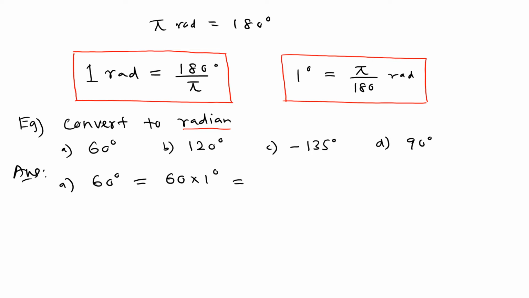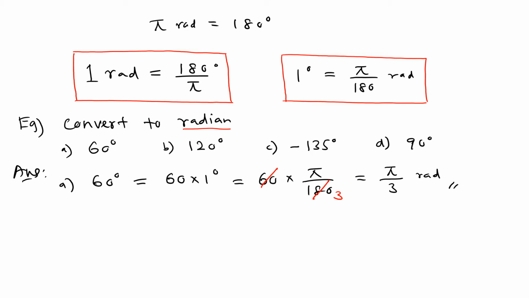But we know that 1 degree equals pi over 180 radian, so there's no degree here. Now we can simplify this one. There are 3 of them, so the answer is pi over 3 radians.